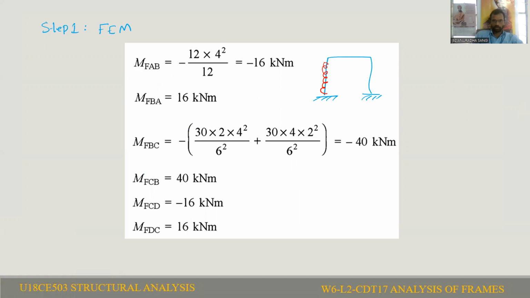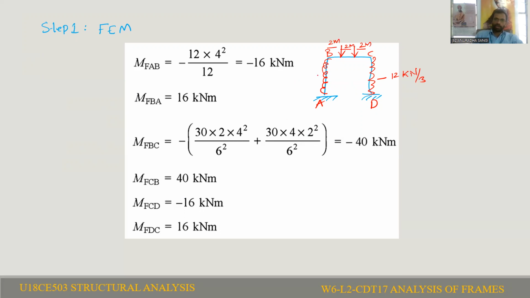For the AB column as well as the CD column, the intensity is 12 kN per meter. And the BC span is subjected to two concentrated point loads, located 2 meters from the left and right supports.